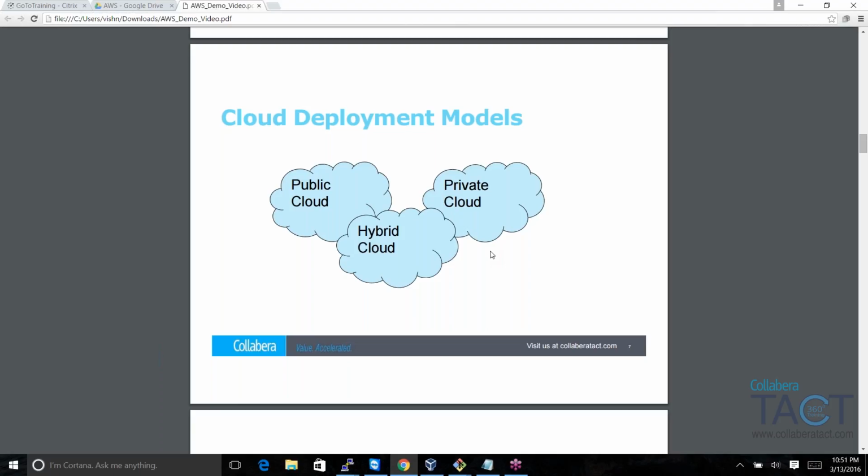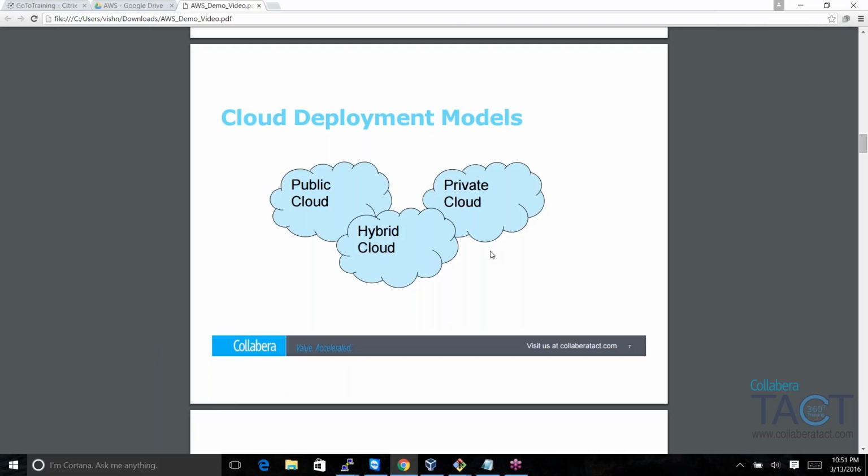Here, all the underlying infrastructure will be taken care of by AWS, and all the runtime, middleware, and operating system will also be taken care of by AWS. All you have to do is take your application and run it. That is platform as a service.